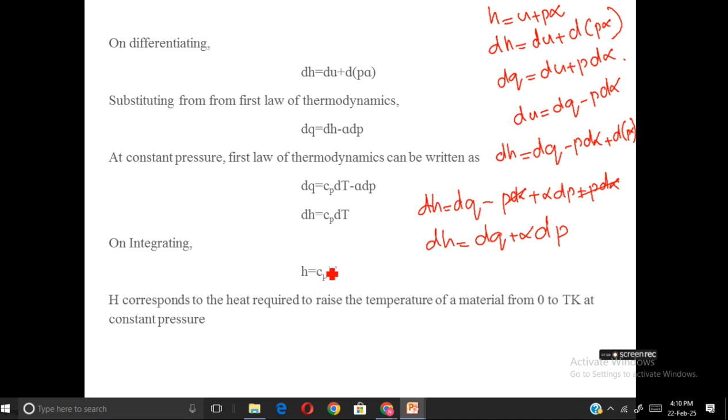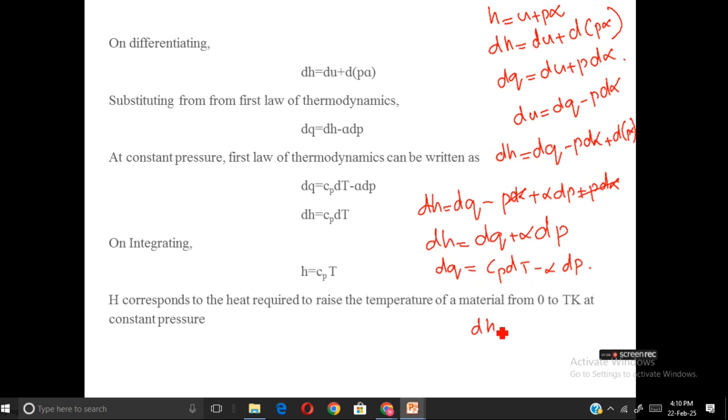Now, at constant pressure, we know the first law of thermodynamics can be written as dQ is equal to Cp dT minus alpha dP. If we compare these two equations, dH is equal to dQ plus alpha dP, and dQ is equal to Cp dT minus alpha dP.